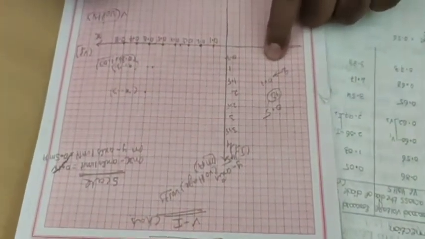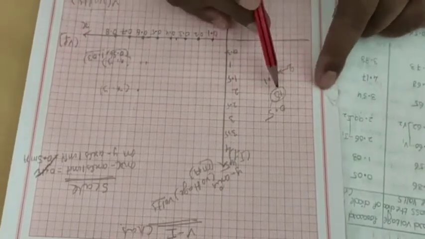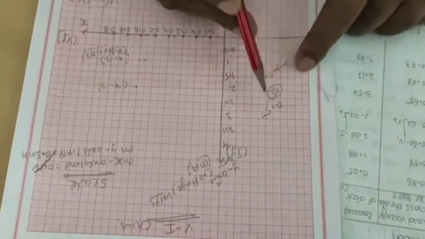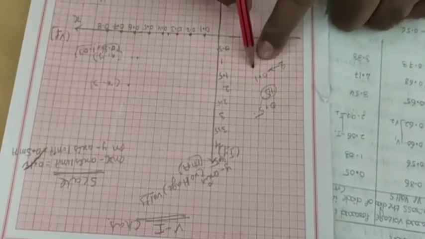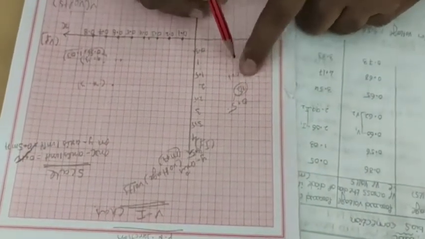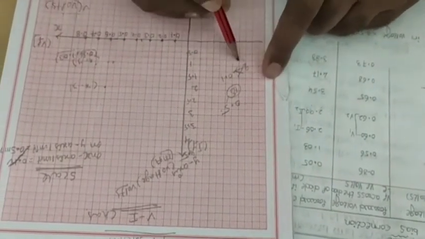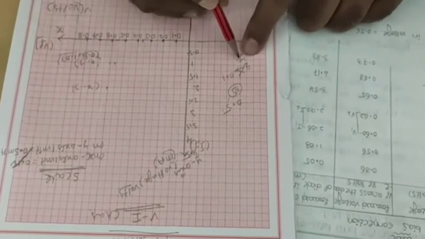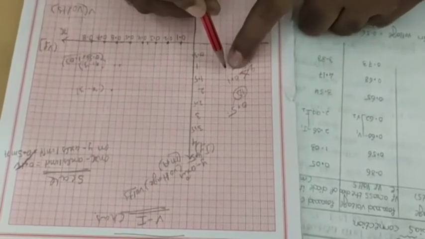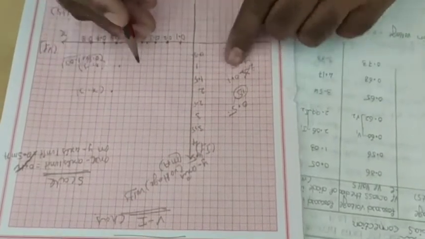Because 10 lines are 0.5, 2 lines means 0.1 only. 10 by 2 means 5. So each 2 lines we can represent as 0.1 only.